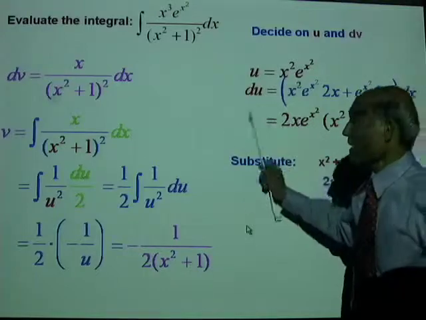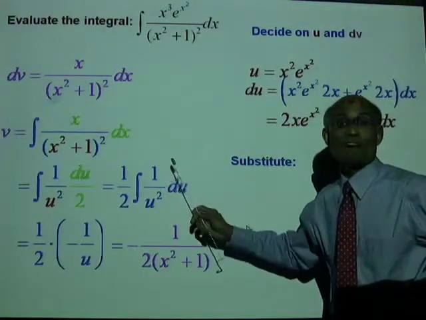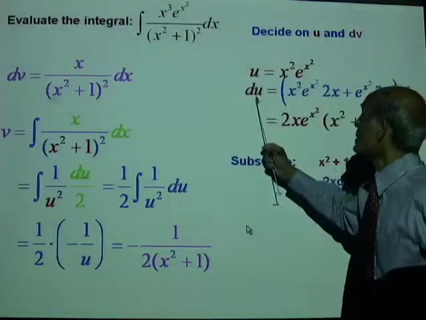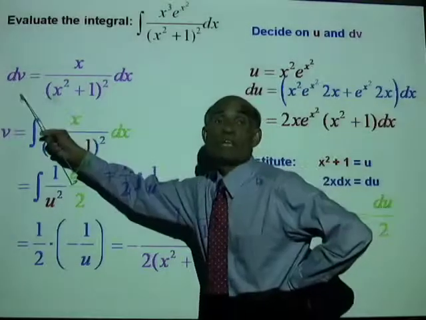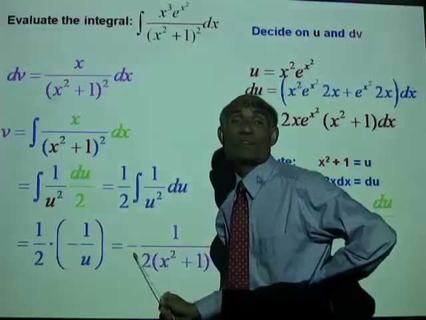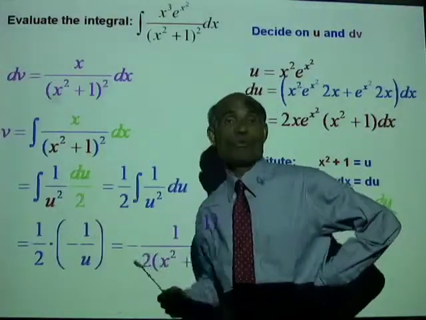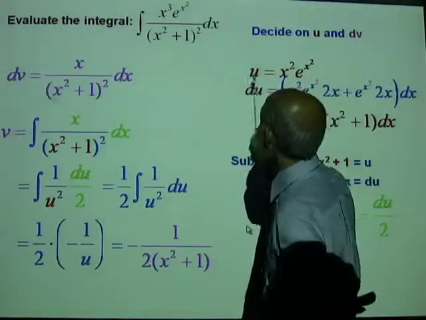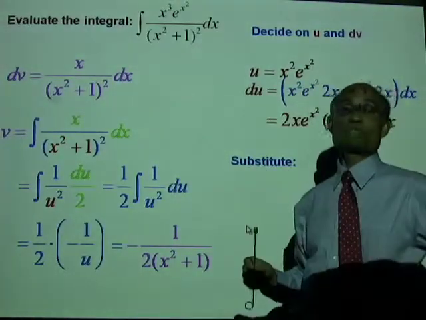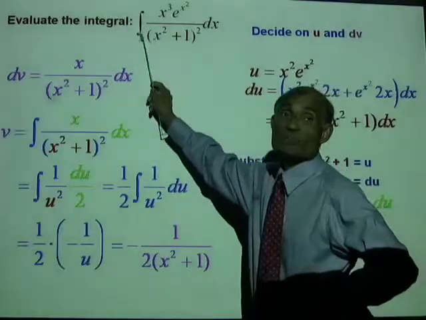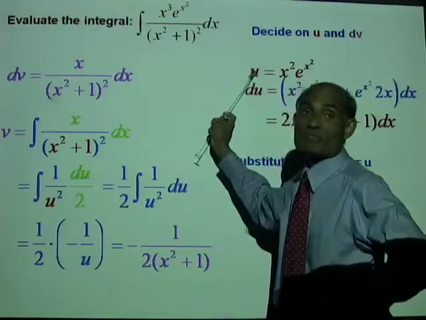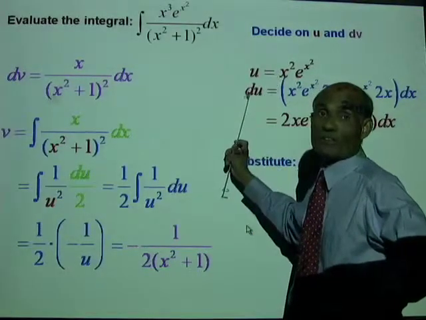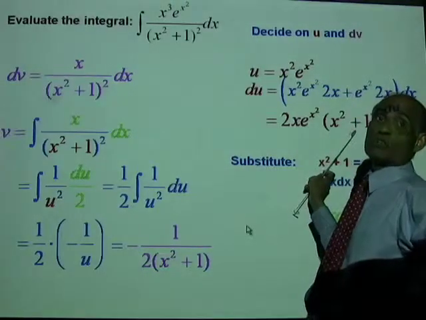Alright, I filled this page with our u, du, dv, and v. We have now all those 4 things. Let's carry those 4 things to the next page. We are integrating this, and we have identified our u. We have now our du.